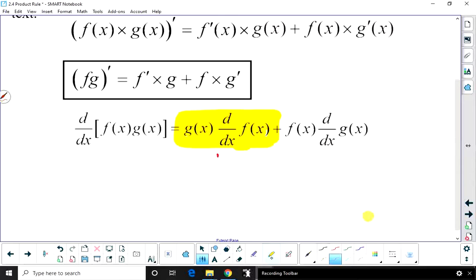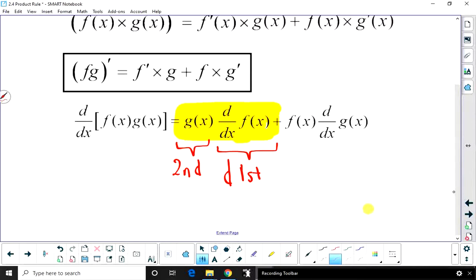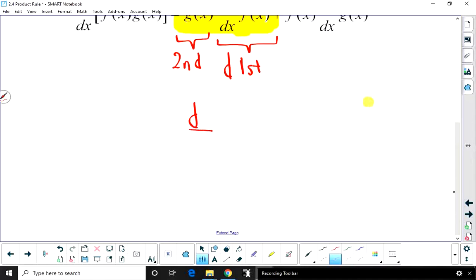From here to here is d first, and this is second. It's just written that way because if you write d dx of f of x times g of x, you might think it means this, and that's not what it means, okay?